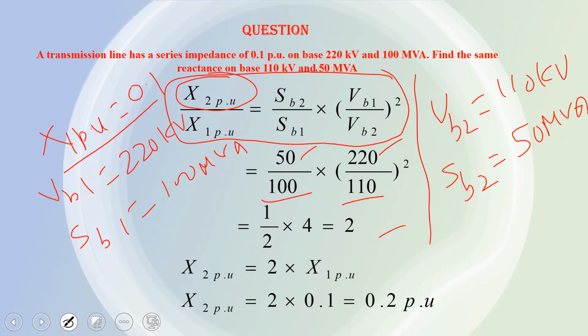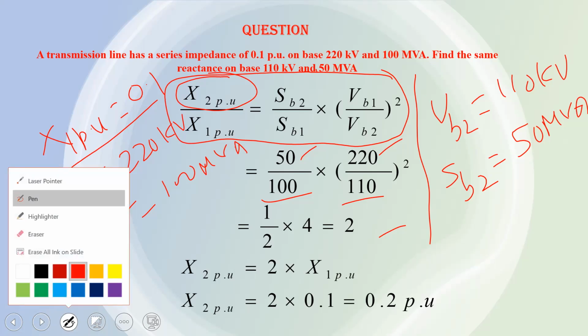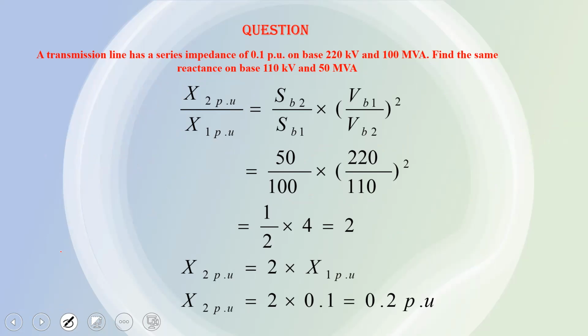You can solve this expression and you will get 2. So X2 per unit will be twice X1 per unit, and X1 per unit is 0.1 per unit. So in this way, you will get the answer 0.2 per unit.